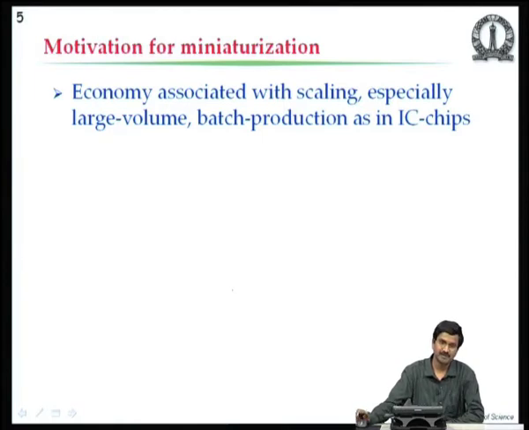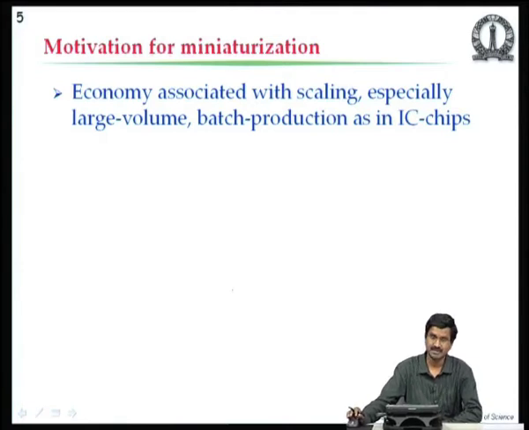If you make several of them on a same chip and subject it to the same processes one after the other, the cost per chip will come down in that batch production mode, and for the same reason that IC chips have become very inexpensive and the cost of them keeps going down, the same thing is likely to happen for microsystems as well, and that is why there is a strong reason for making things small, even when all applications do not require that micro size.